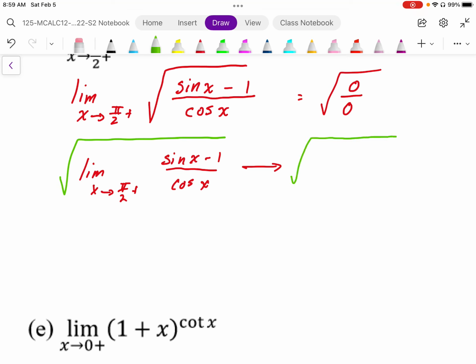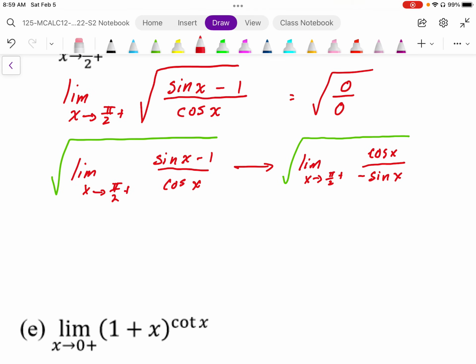Keep my square root on the outside here. And I end up with the limit as x approaches pi over 2 from the positive side, I end up with cosine of x over negative sine of x.